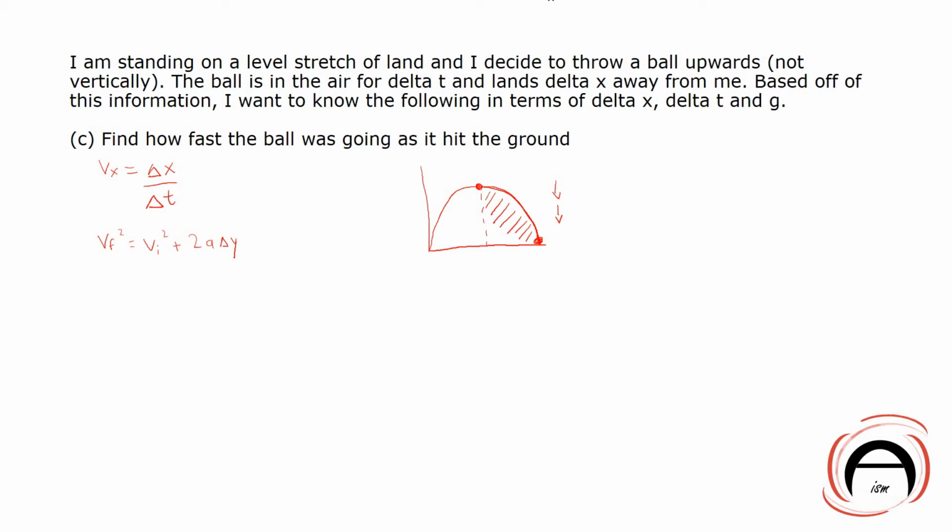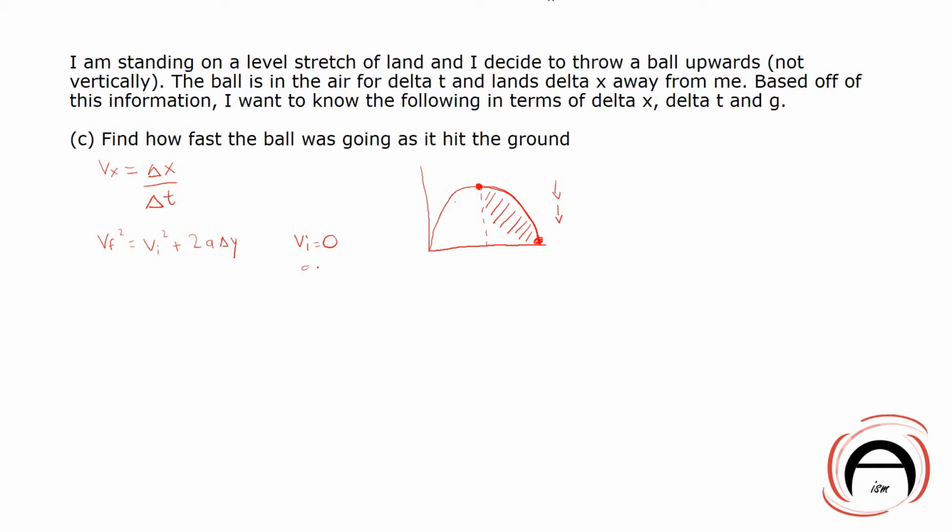So it goes from 0 to some final velocity, the fastest it's going to go when it's closest to the ground. So that's getting faster, and we're going to have our acceleration be equal to positive g. Our initial velocity is going to be equal to 0, so Vi is equal to 0, because right here it reaches the apex, so our velocity in the y direction is 0.